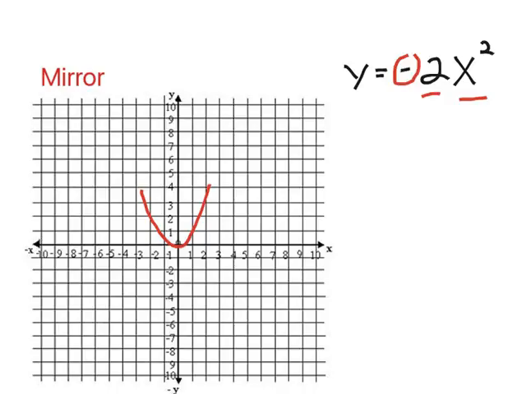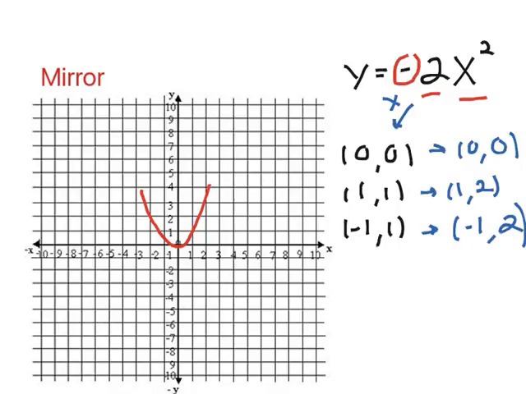And as we must remember, the special points are (0, 0), (1, 1), and (-1, 1). And we have the new coordinates (0, 0), (1, 2), and (-1, 2). Now we'll just have to sketch our new coordinates.